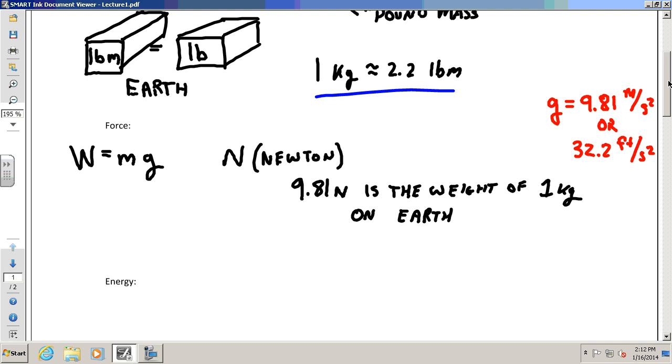So some people in Europe are starting to say kilogram force. That's basically like a pound mass to a pound force: a kilogram to a kilogram force, same idea. Obviously, the unit of force in the English system is a pound force, which I'll denote as lbf, just to make sure you're clear.